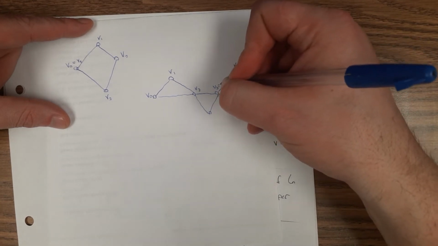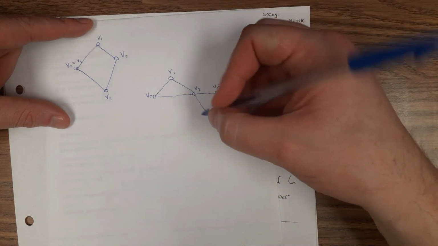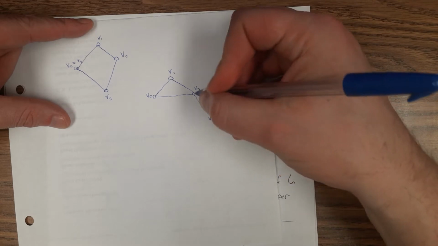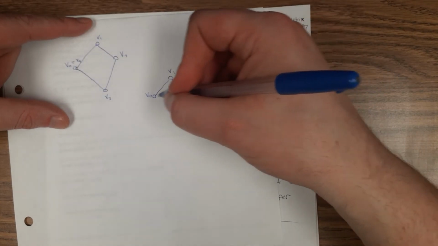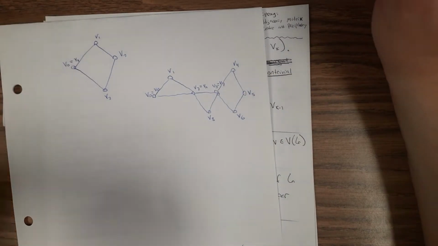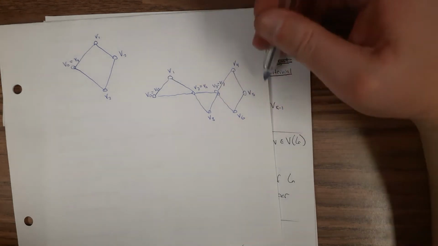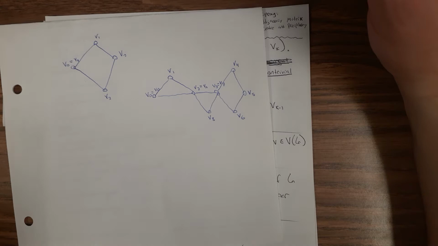V3 will be the same as V7. So I'm walking around and I'm here again. This will be V8. V2 will be the same as V9. And then maybe V0 will be the same as V10. That's also a circuit. It didn't repeat any edges. It did repeat some vertices, but no edges.